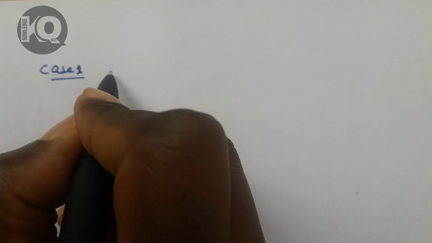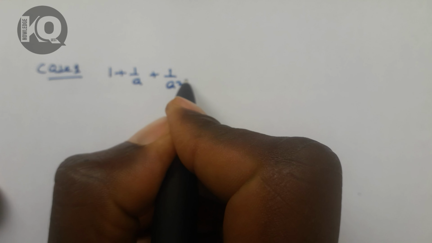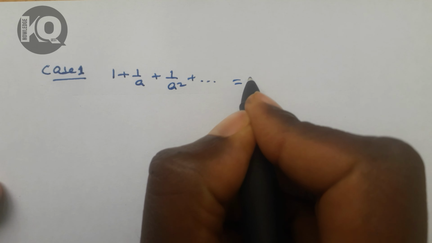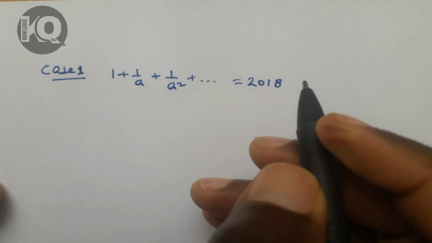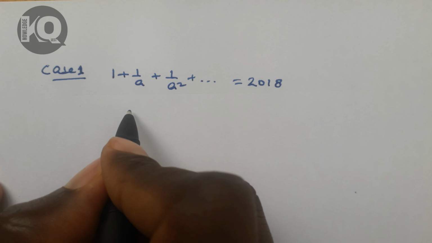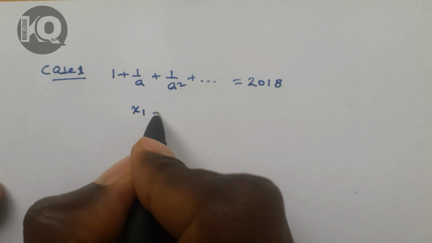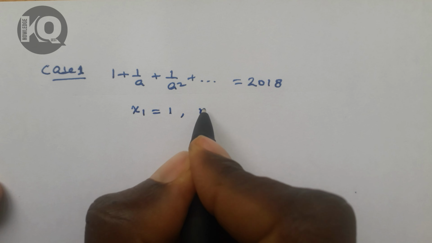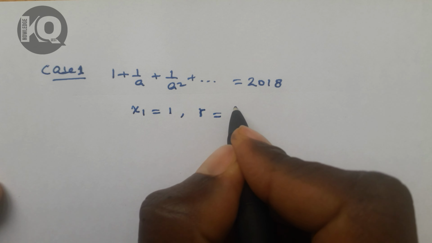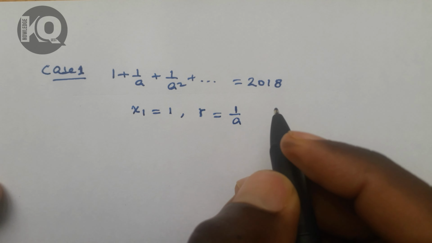So for case 1, 1 plus 1 over a plus 1 over a squared plus and so on, is equal to 2018. From here, x1, the first term, is 1, and the common ratio r is equal to 1 over a.